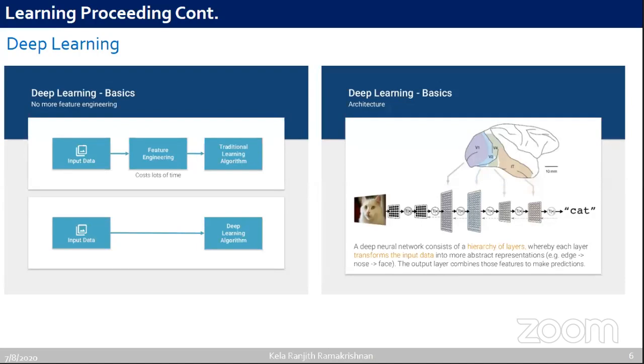Here we talk about a deep neural network, which consists of a hierarchy of layers, where each layer will transform the input data, here a cat image, into more representations, which can be edges, edges corresponding to regions, regions corresponding to more, in the case of a cat, a nose or a face. The output layer will be able to say how much it is able to predict it as a cat image or not.